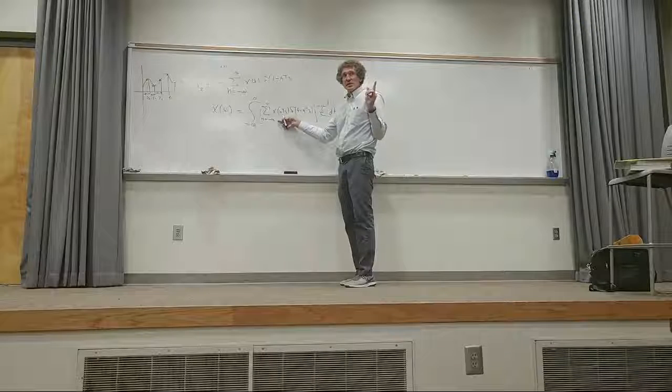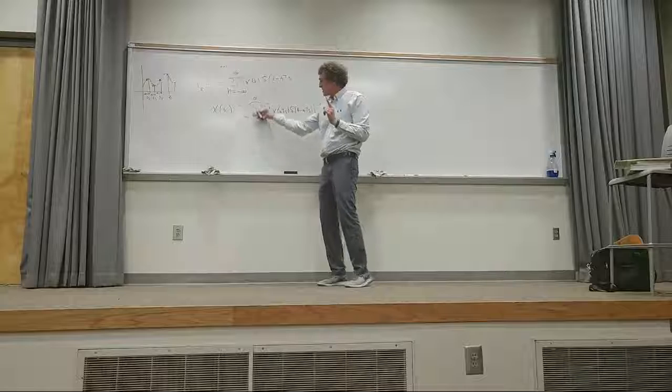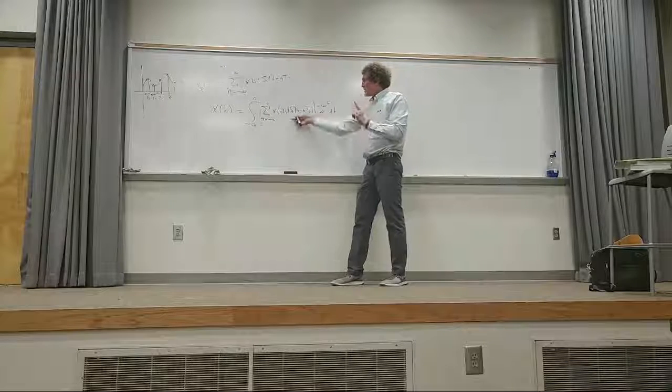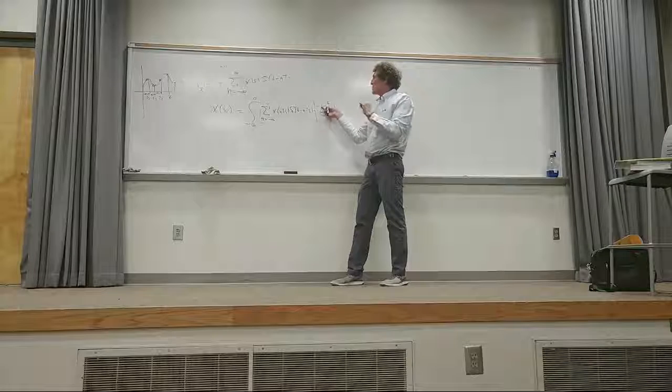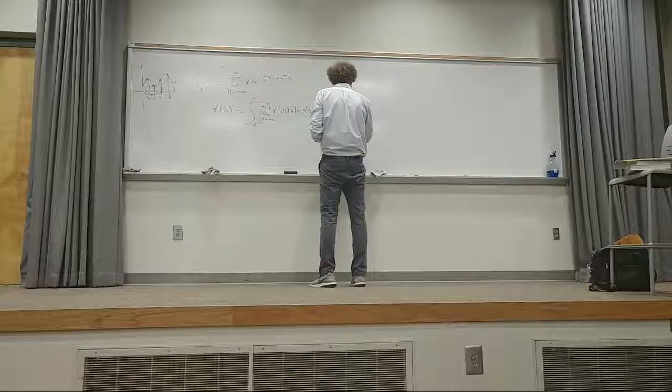Now watch. When I integrate a delta function, listen, this is an integral, right? It's with respect to dt. When I integrate this delta function, really what I'm doing is just extracting the values of this function when the delta turns on, at nTs. Just let me finish it. I'm almost ready to let you guys free.